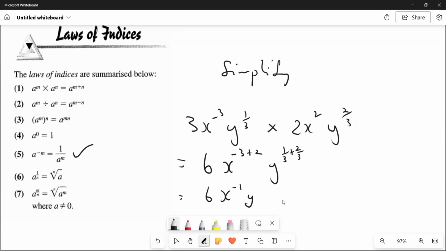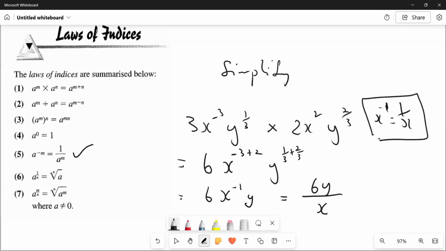So this now becomes 6y, put the y in the numerator, over x. The x to the minus 1 is the same as 1 over x.